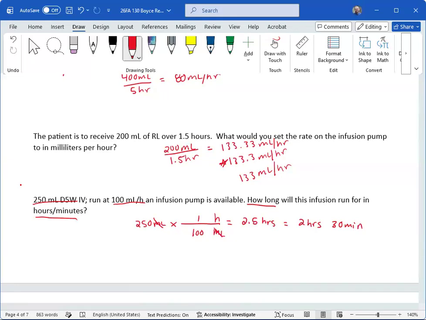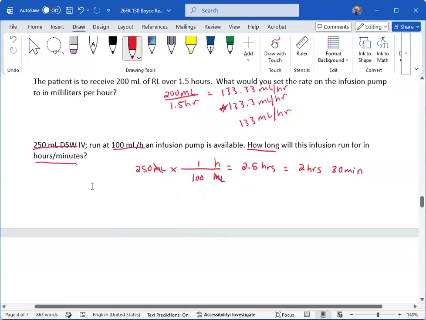When you come in, there's 40 milliliters left, and they want to know what time you would change it. The big thing is just, can you do this? If you can calculate the quantity and then how long it'll last, then you can say, oh, okay, if I checked it at 8 a.m., 2 hours and 30 minutes later would be 10:30 a.m., right? So that's when they might ask you to do it in military time.